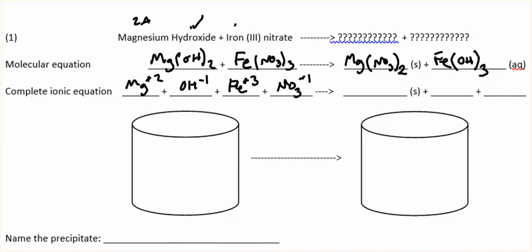If you look at your rules for solubility, the compound magnesium nitrate is a nitrate compound. Well, rule number 1 tells us that salts of nitrate are soluble in water. So in fact, this is not the precipitate. This would be aqueous.